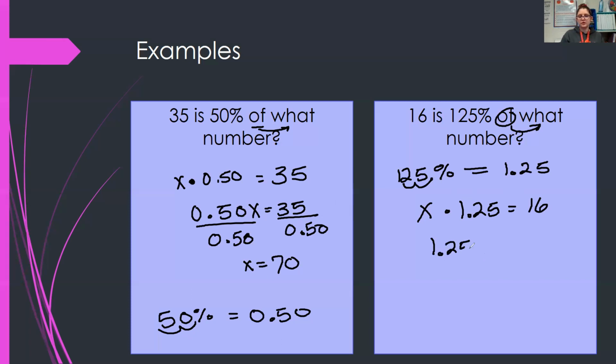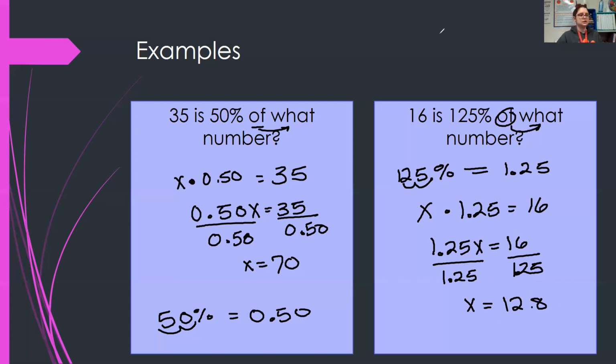So 1.25x equals 16. Divide by 1.25. Be careful with your calculator. So x equals 12.8. So 16 is 125% of 12.8.